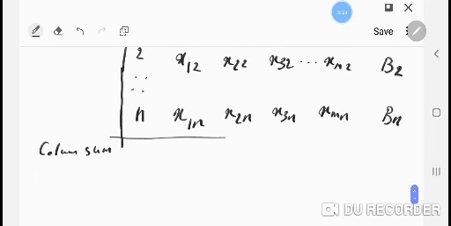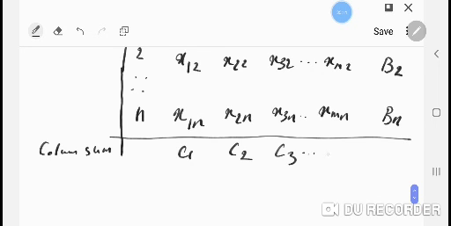And the total column sum may be demonstrated by C1, sum of column 2, sum of column 3, column M, and finally T is the sum of this column or sum of this block row.